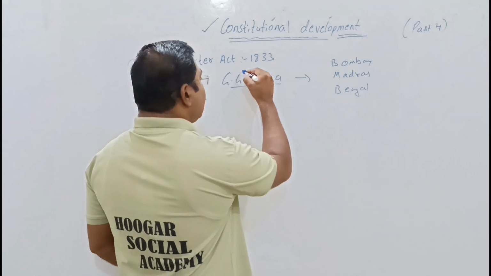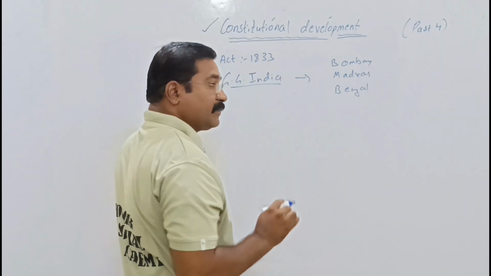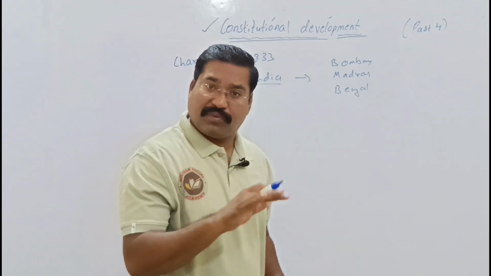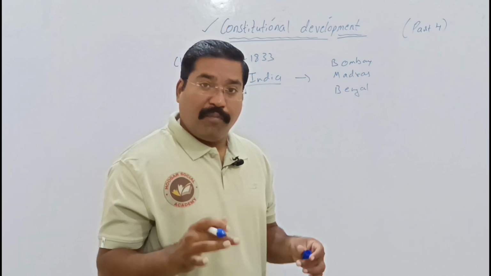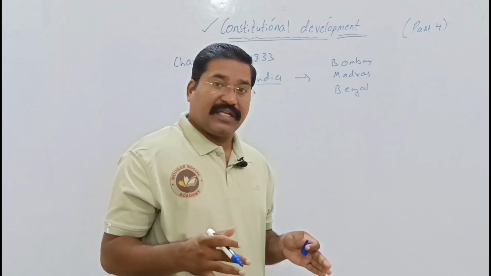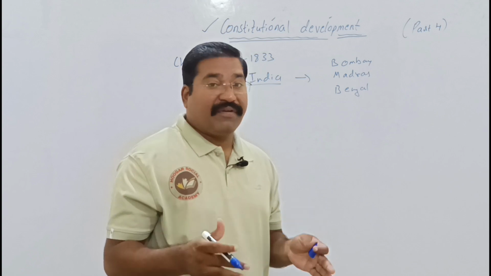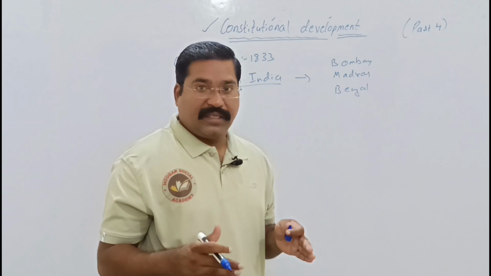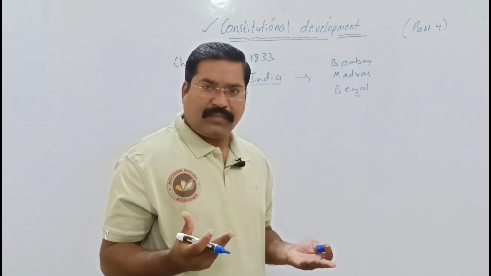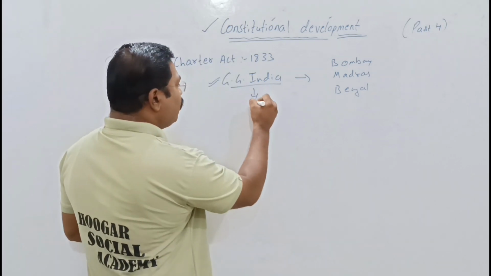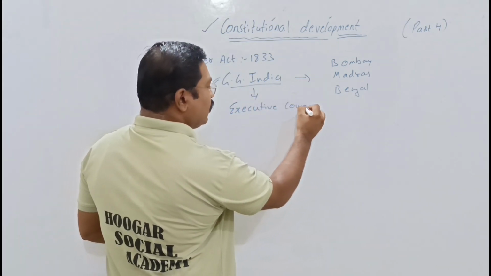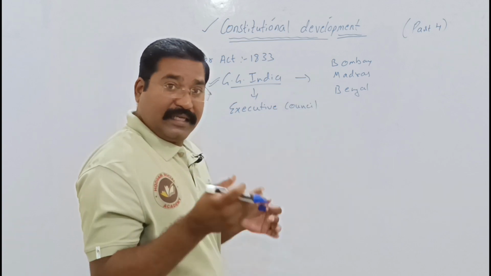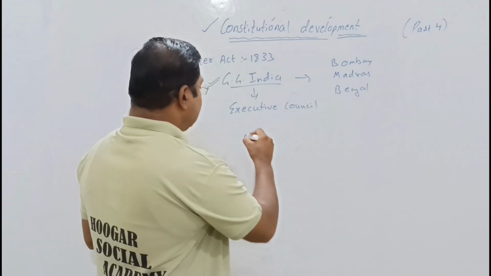So the Governor General of India can exercise his power throughout all the presidential areas. Moreover, he can put up his differences because he is the boss. He has his own executive council.